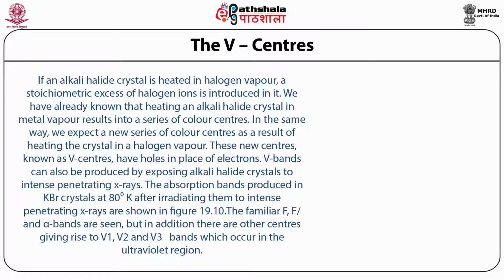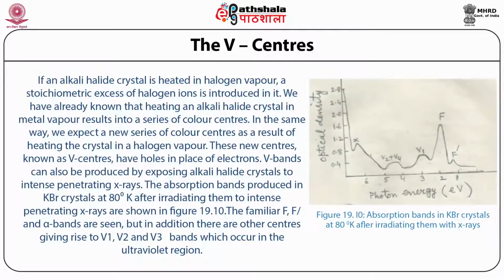These new centers, known as V centers, have holes in place of electrons. V bands can also be produced by exposing alkali halide crystals to intense penetrating X-rays. The absorption bands produced in KBr crystals at 80 degree K after irradiating them with intense penetrating X-rays are shown in figure 19.10.